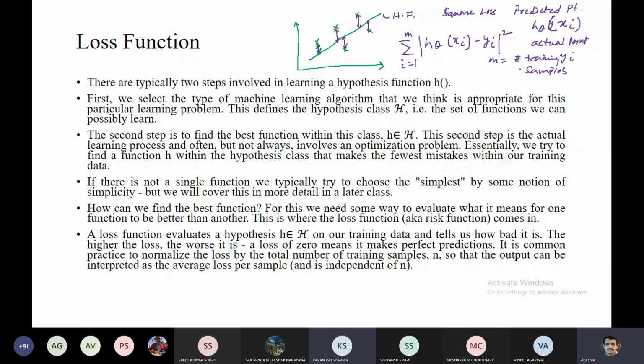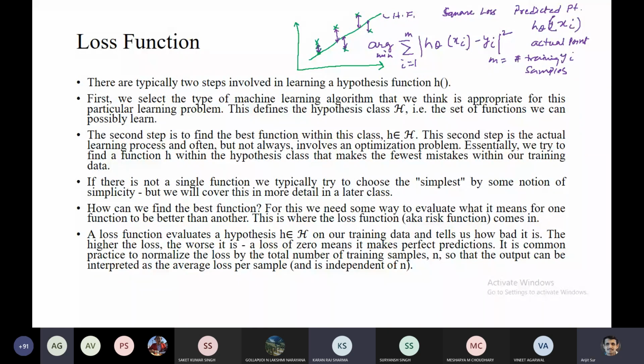And what we have to do is take the arg min of this. We have to minimize this function, so we get a particular function that is much more optimized with respect to the training samples. Now, there are typically two steps involved in learning a hypothesis function. First, we select the type of hypothesis function.